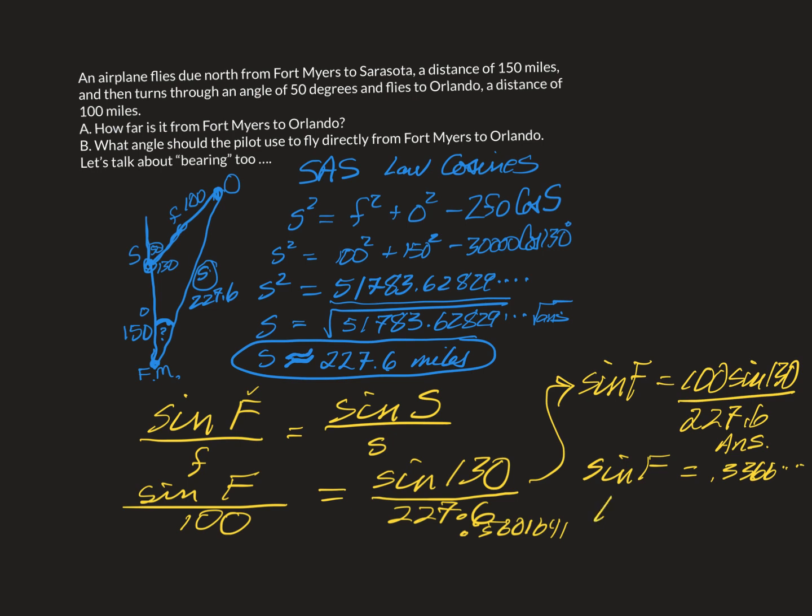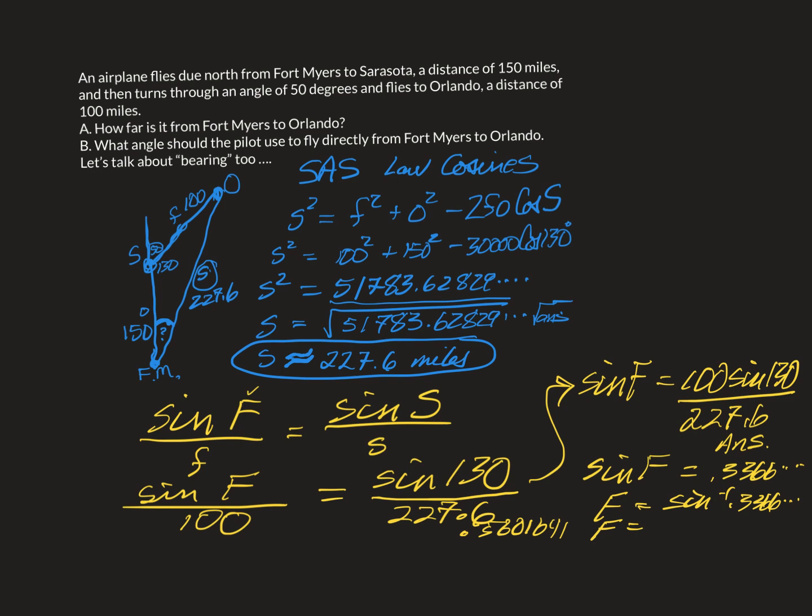Now, to finish that, I get f equals the inverse sine of this 0.3366. Now, this is the one you don't want to round off. You definitely want to use the answer key again, and I'll show you on the Desmos scientific calculator how I did these calculations here.